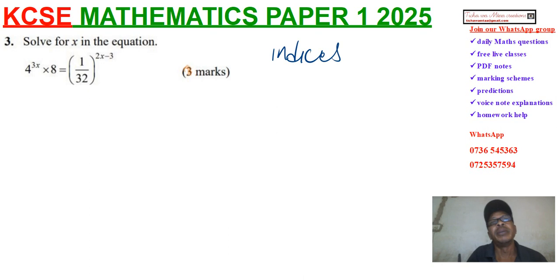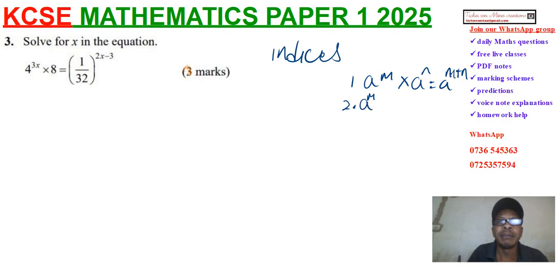which you learned in Form 2. And in indices, you learned the 3 rules of indices. The first rule: a to power m multiplied by a to power n is equal to a to power m plus n. The second one is that a to power m divided by a to power n is equal to a to power m minus n.